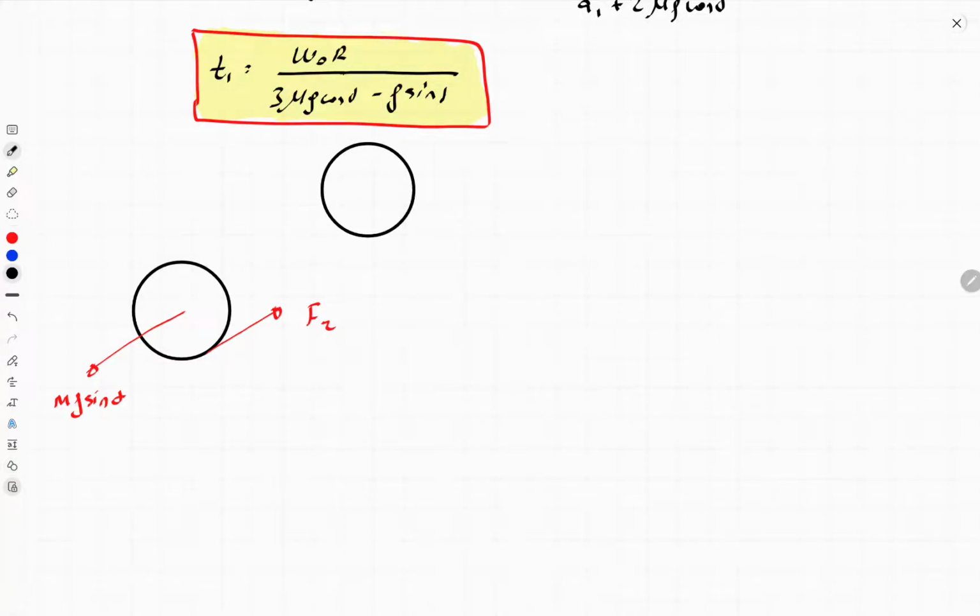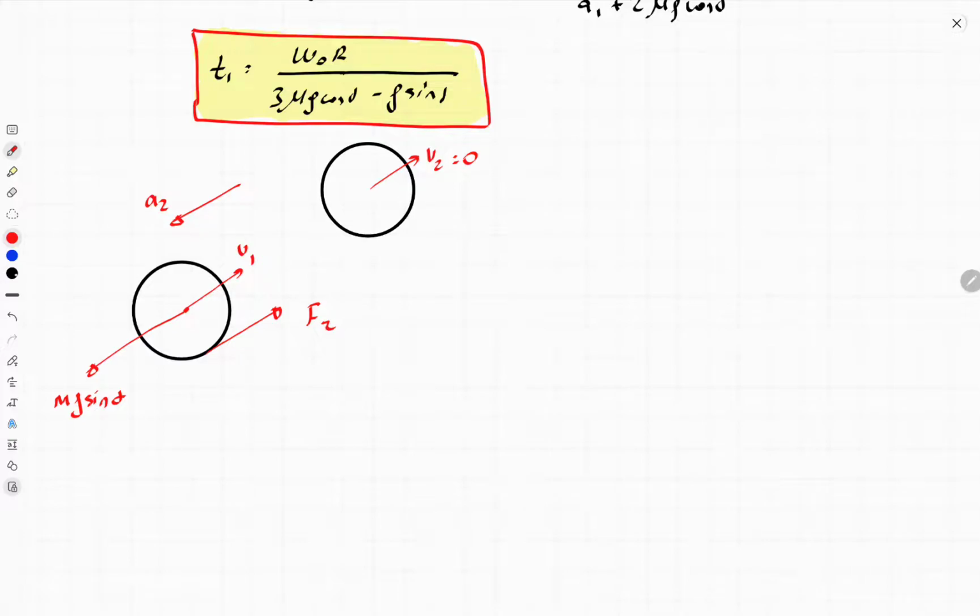Why? Because we have an acceleration in this direction. Let's call it A2. That's why its velocity becomes 0 after some time. So here initial velocity V1, here final velocity equal to 0. So this is the direction of the acceleration, or we can say deceleration.